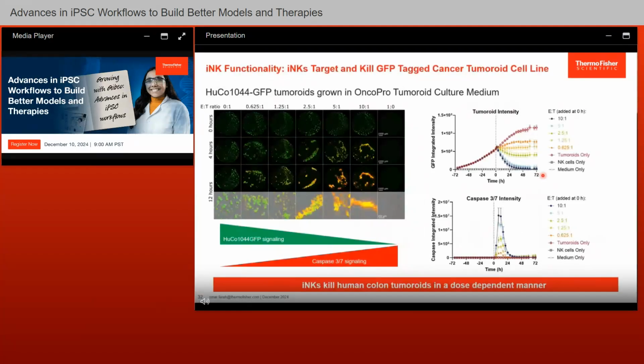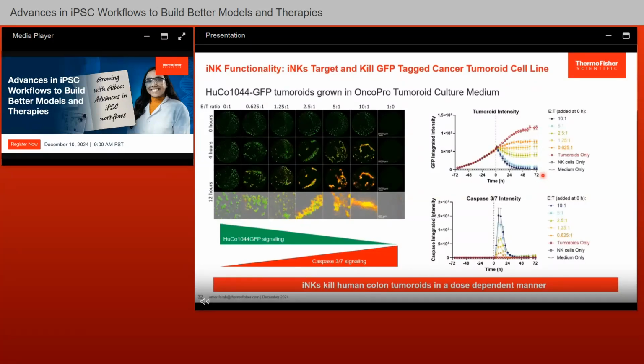Now, to gain a better understanding of the functional cytotoxic capabilities of these cells, we devised a co-culture killing assay using our OncoPro tumoroid culture media kit. For those of you who are not aware, the Gibco OncoPro tumoroid kit is an easy-to-use culture media system that's been optimized for culturing and expanding patient-derived lines in a 3D setting, while maintaining the same mutational profile from the original tumor sample or patient sample.